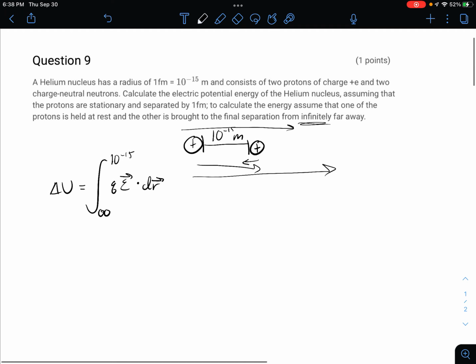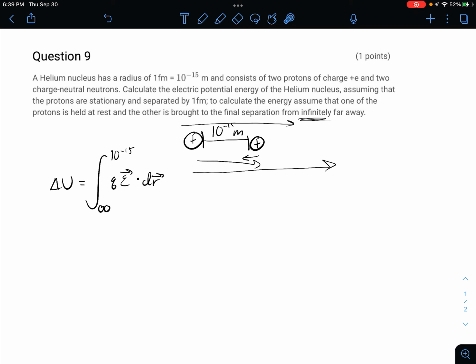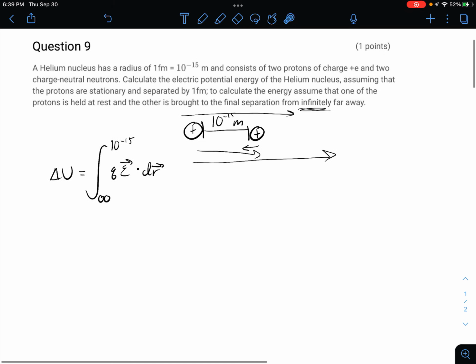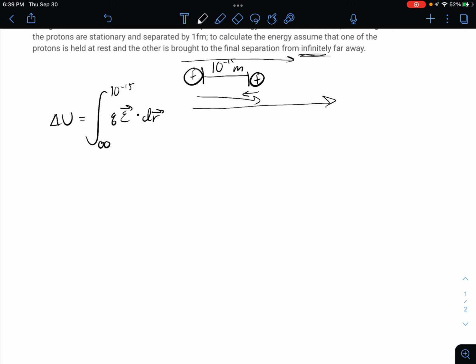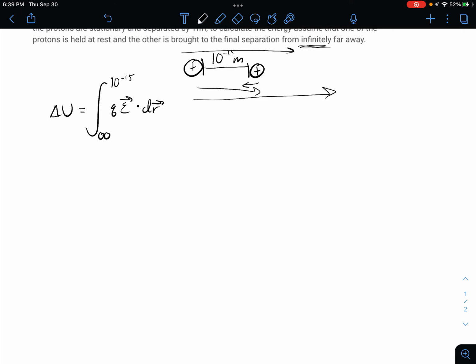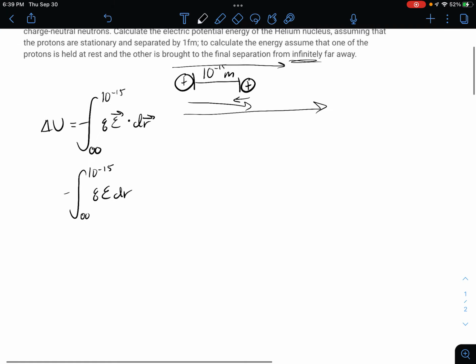Since they're going in the same direction, the angle between our electric field and our dr is going to be 0, and the cosine of 0 is 1. So we're just multiplying by 1, so we just get to multiply the magnitudes of those two vectors together. That means it's just going to simplify to, and it's also the negative integral. Almost forgot that. Integral from infinity to 10 to the negative 15th of Q, E, dr, right?